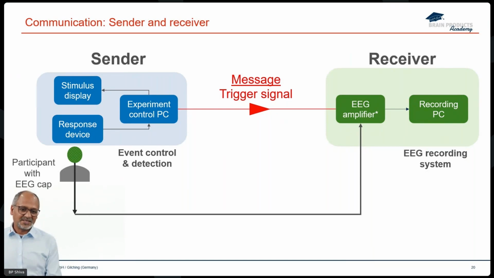On the left is the sender, that is where the event information is obtained, and the message, the trigger signal, is a message to send this information that is received by the EEG system. This is the receiver. And it's important to note that this is often sent to the EEG recording system and not to the recording PC, so that it can be integrated with the EEG data that is being acquired.